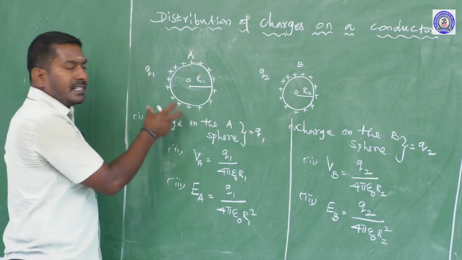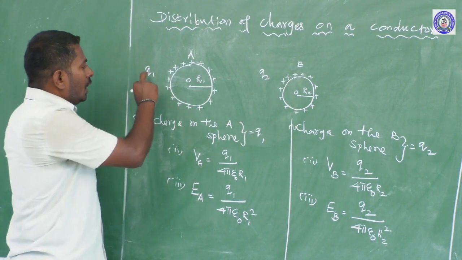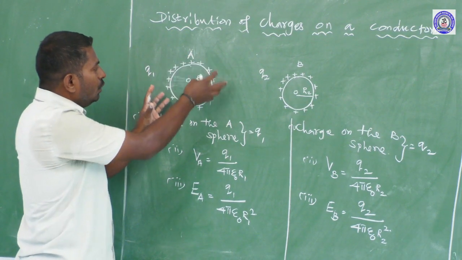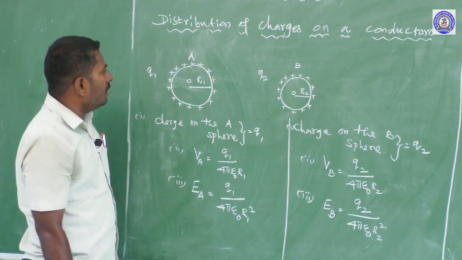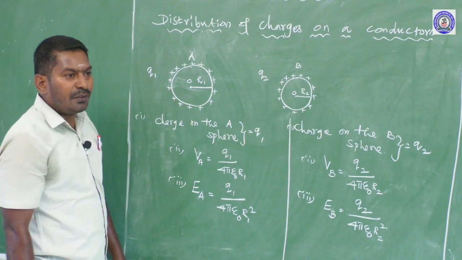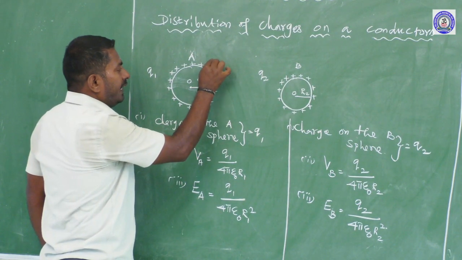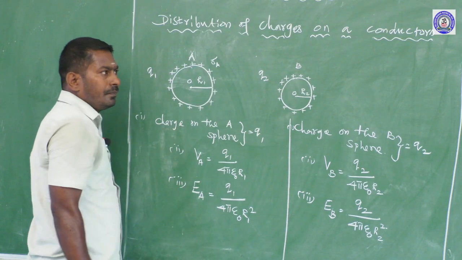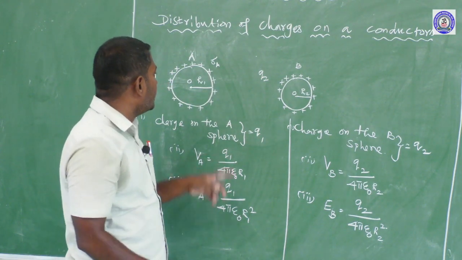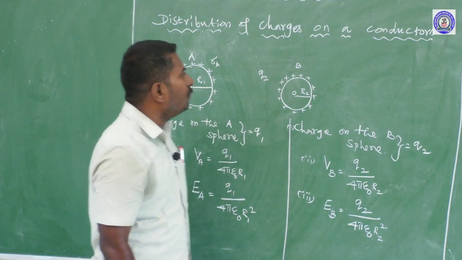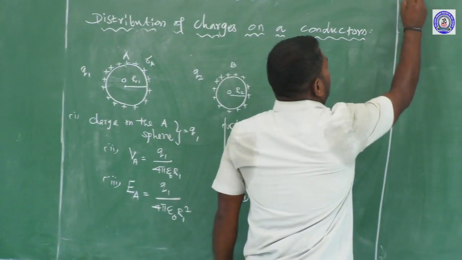The A sphere has a surface area A1. Q1 quantity of electric charge is uniformly distributed over its surface area. It possesses a surface charge density, so the surface charge density of the A sphere is sigma A. How to calculate the surface charge density of the A metallic sphere?